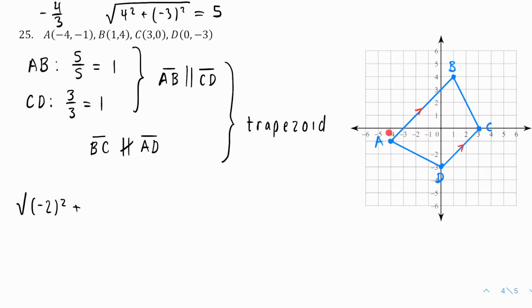And a run of 1, 2, 3, 4. And I'm going to put that in my calculator real quick. I get 2 square root of 5.